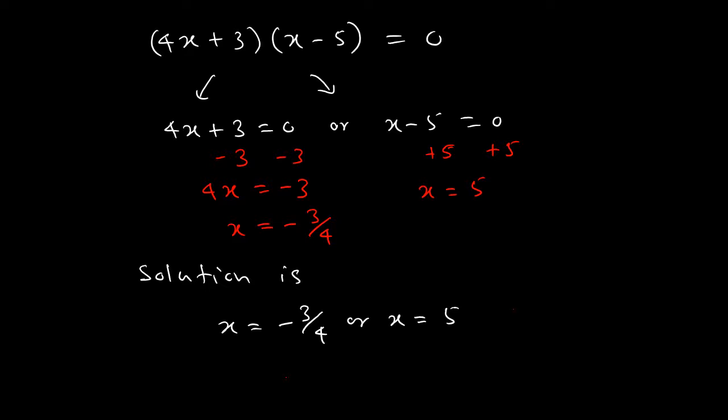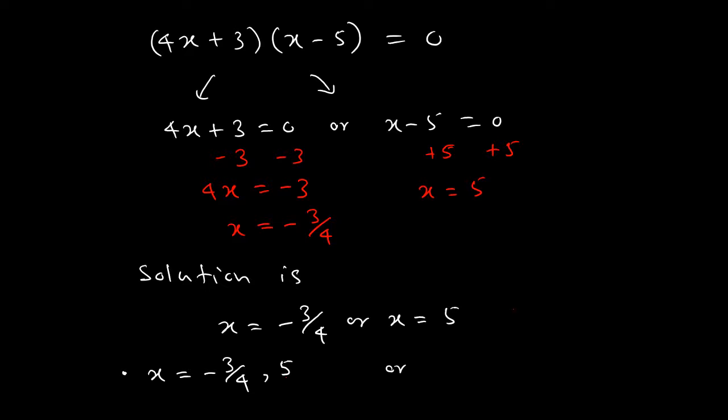You can write it like that, or there are several other ways to write it. You can also say x equal -3/4 comma 5. You separate them by comma, or you can also write the solution set.